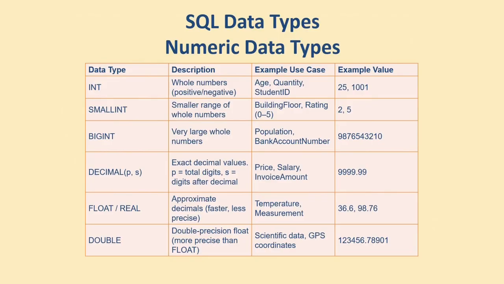And now let me present quickly the most important types of variables. We have integer, you know this integer. We have small integer. For example, like the rating from 0 to 5, it's very small.